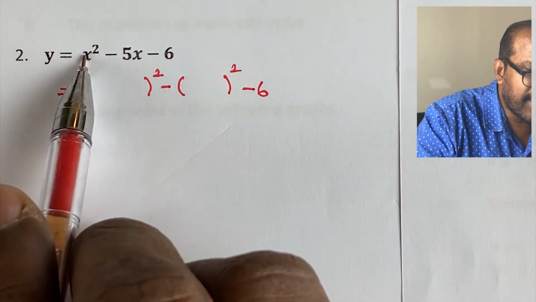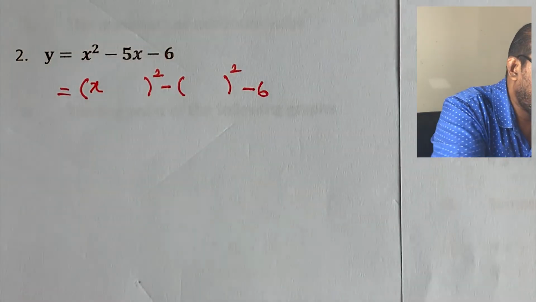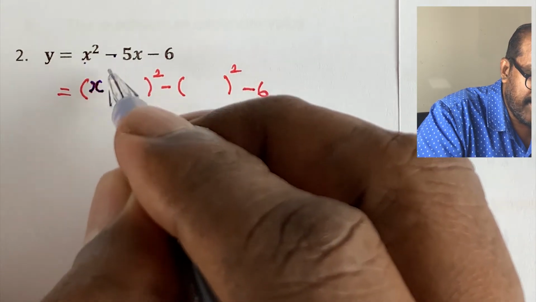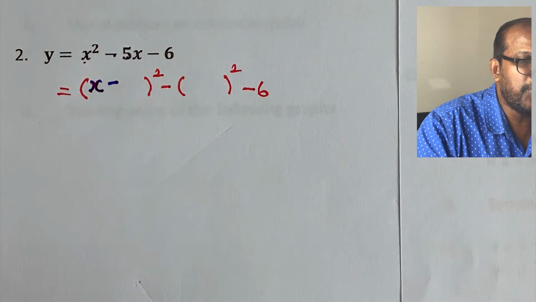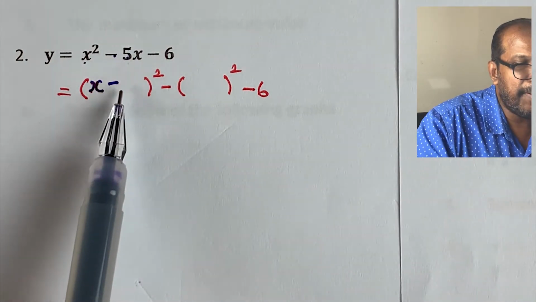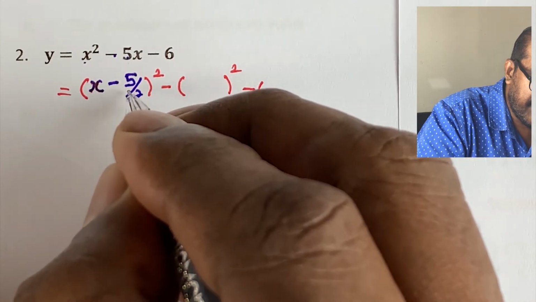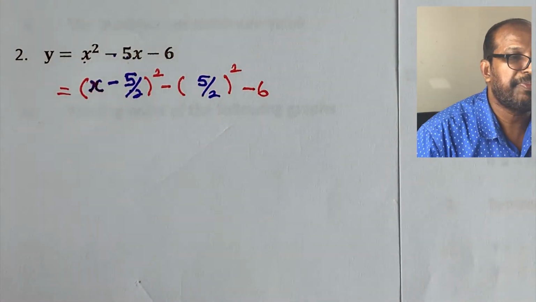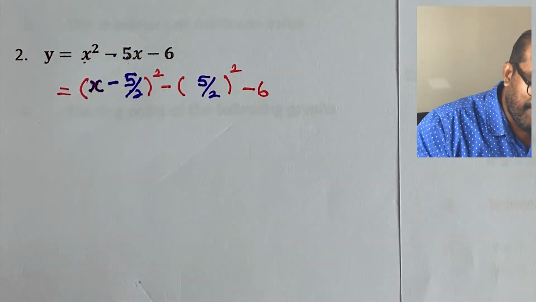Here is x squared, so you write x. Here minus, here minus. Here b is 5, and b over 2 is 5 over 2. The same value repeats in the second bracket, 5 over 2. Then you simplify.